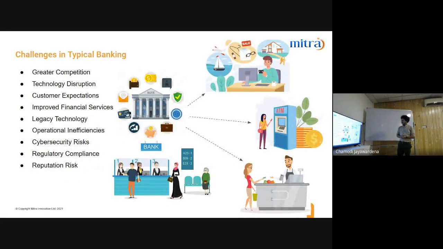So here you can see the typical bank that we know, the general bank that we go to, and the actions we take. Maybe we go to open our account, deposit cash, get certain credit cards or debit cards, open an FD, or get loans.